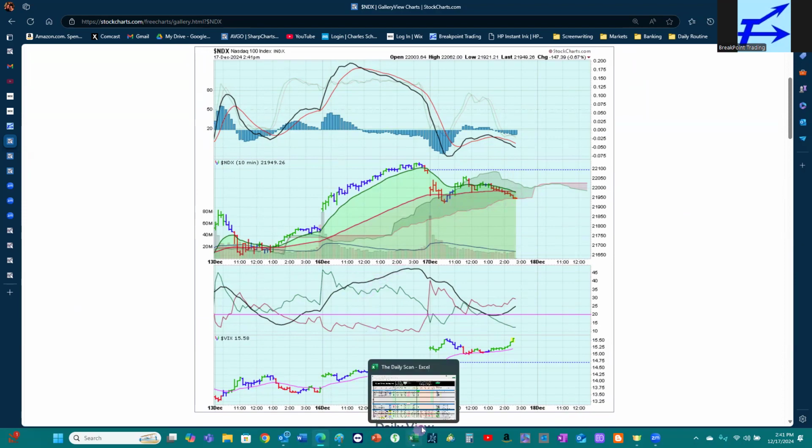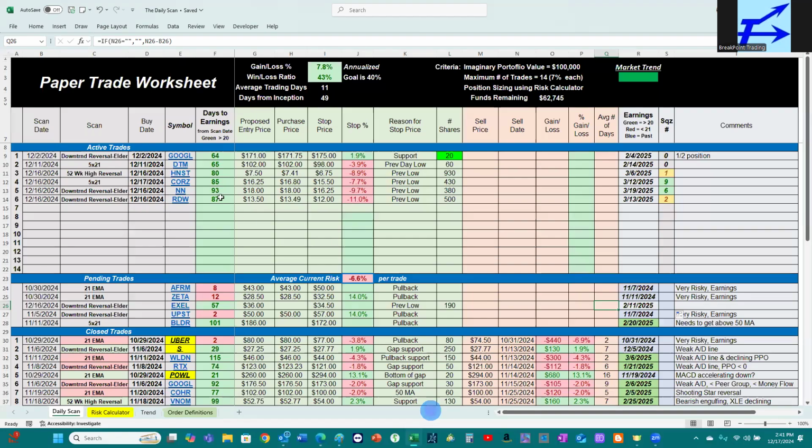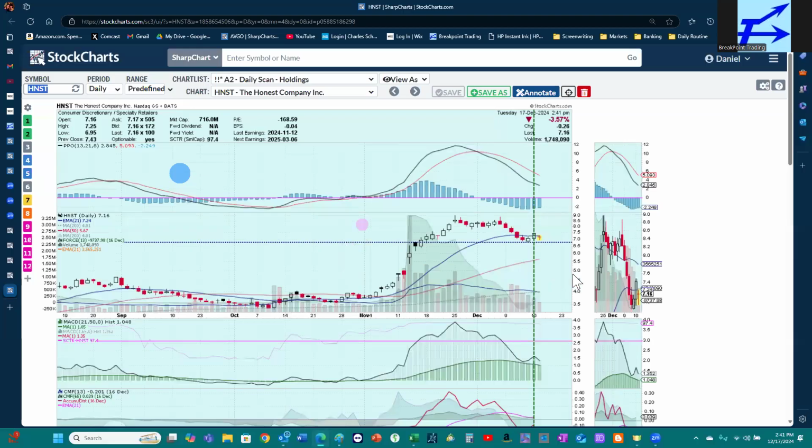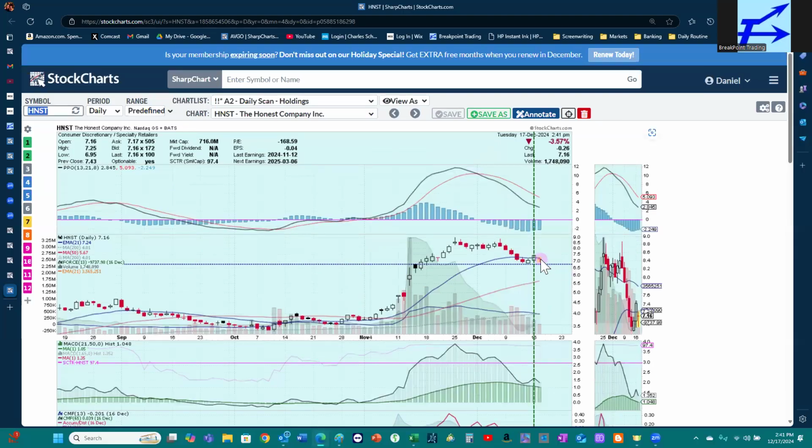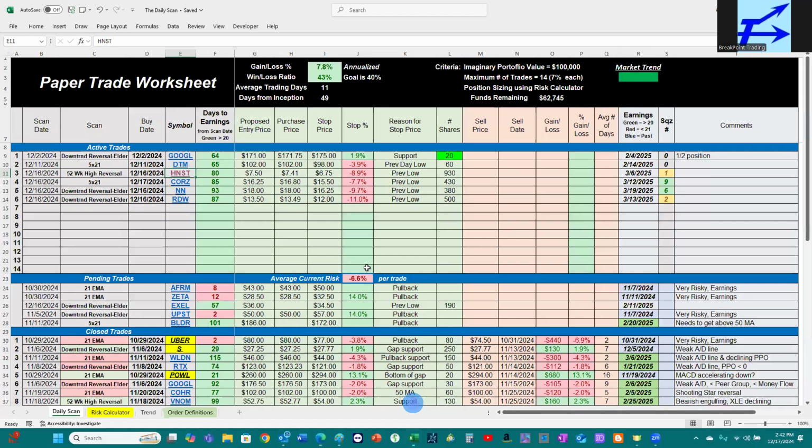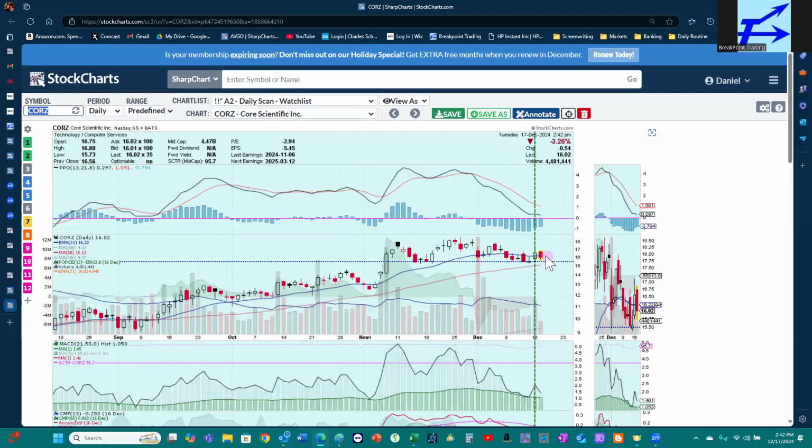The stocks in the scan were all down today, obviously. So none of them have hit their stops. This was the worst looking one. Actually, it's come back up. So it's made a recovery at the end of the day. So that's good. This one actually was down quite a bit as well. Yeah, it's still down.